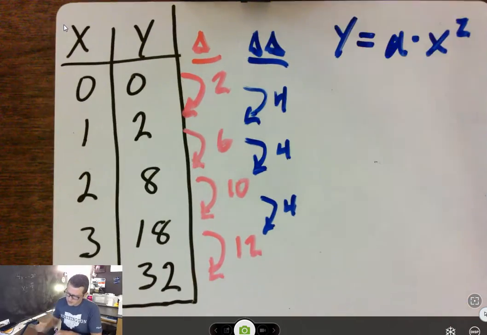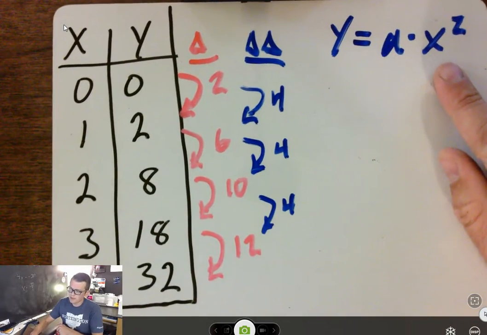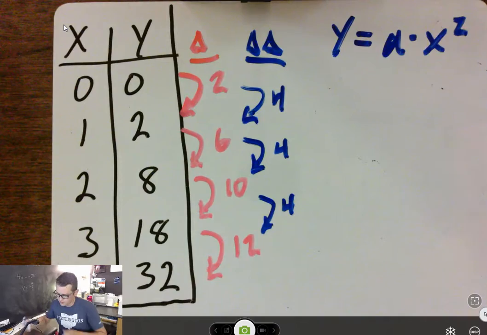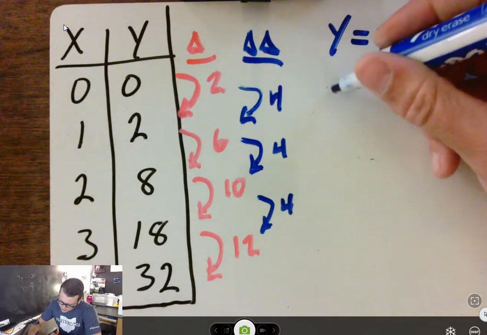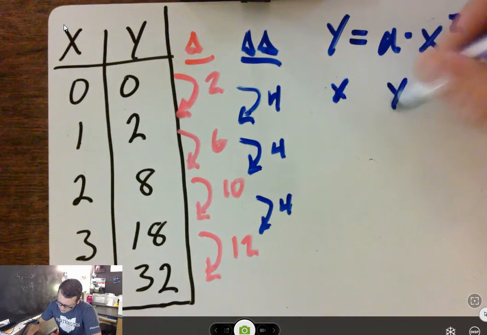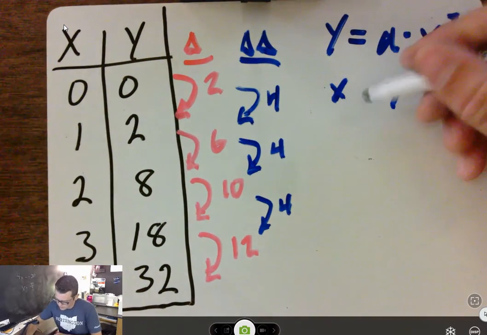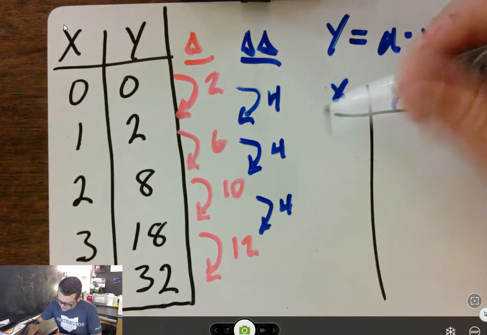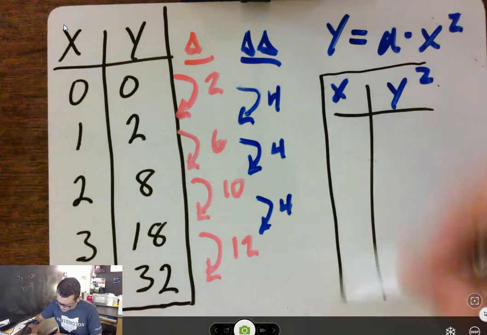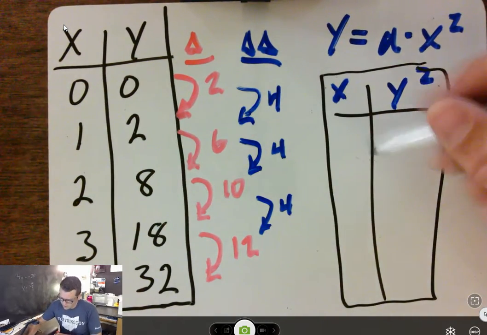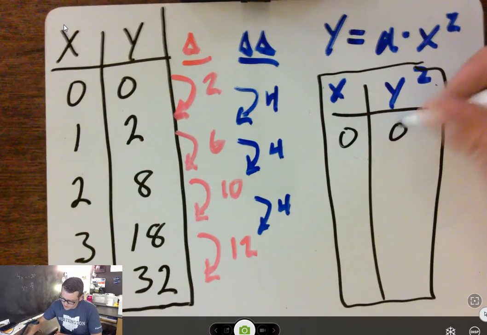So if we start thinking about what happens when I square the inputs, I'm going to make a little table over here where we have the x and then x squared. And because my black marker is easier to write with, I'm going to switch to that. So let's kind of section this off. If I have an input of 0, well, 0 squared, that's nice and easy.